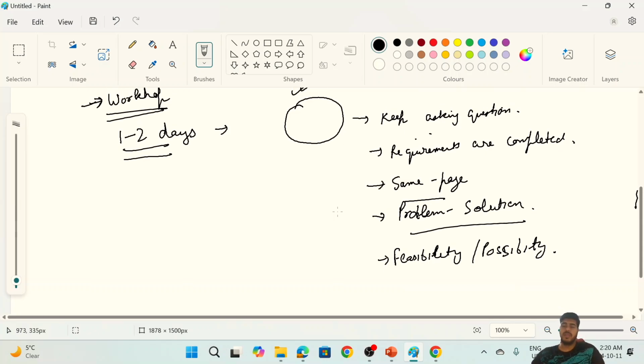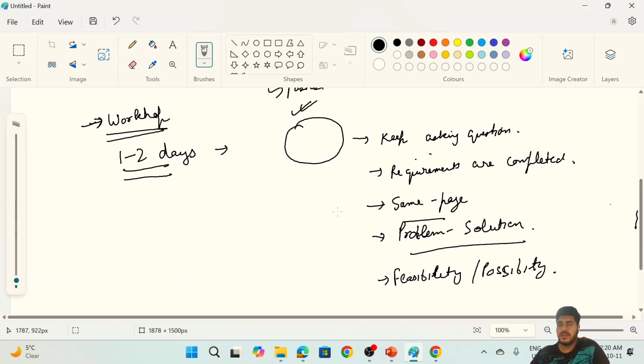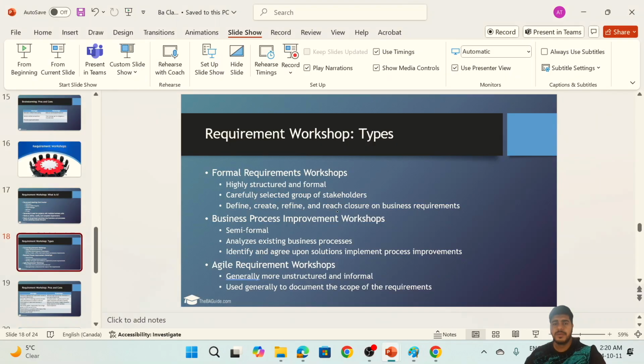The role of the BA becomes very easy here, because one of the responsibilities of a BA which we studied was to coordinate between the stakeholders and the IT team. Since everyone sits together, it becomes very easy for a BA to get everything done in a very easy manner.